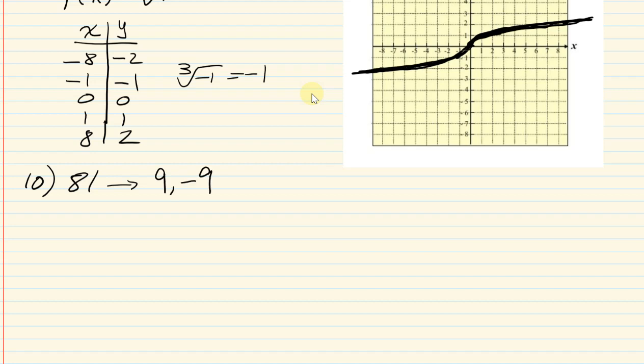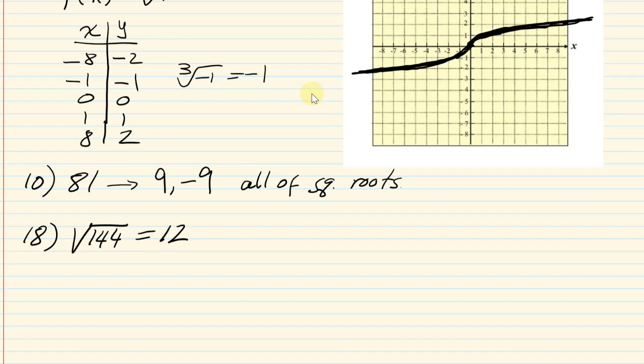Because we want all of the square roots in this example. We are told specifically that. Now for something like number 18, we're using the radical symbol, square root of 144, and that's going to be 12 actually, right? Because remember, the radical symbol implies the principal root.